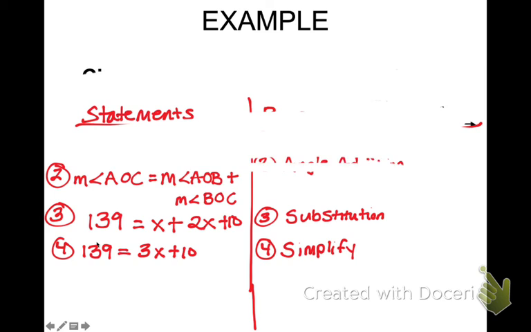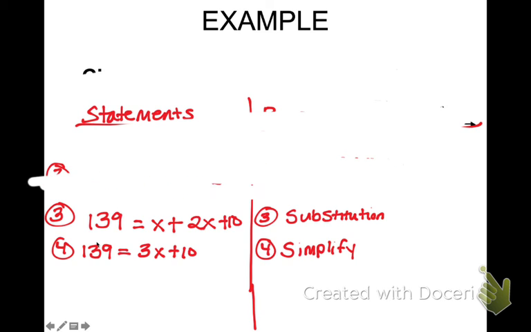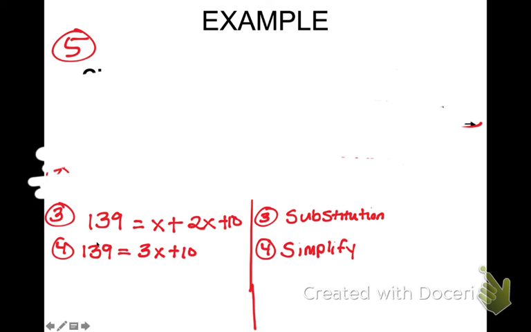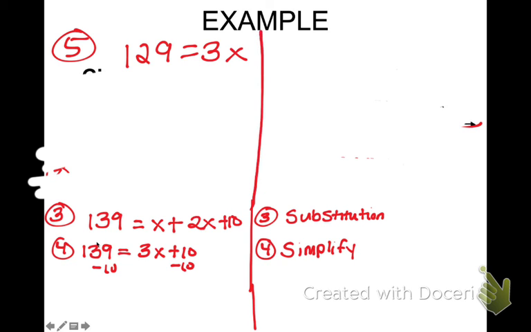Okay, so now we have, here I'll go up higher so people can see in the back. Does everybody at least have line 2? All right, so line 4 combined our like terms. So line 5, what would be your next move? Subtract 10. So when I subtract 10, what do I get? 129 equals 3x. Good. I guess I'm not doing my lines. Forgot to do that. If you're doing that, great. If not, it's okay too.